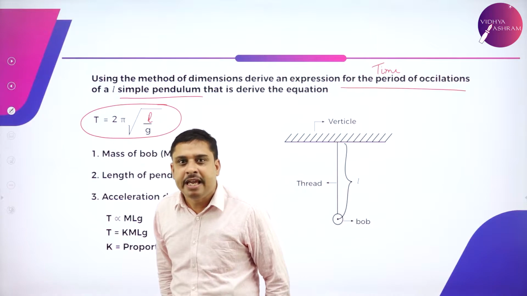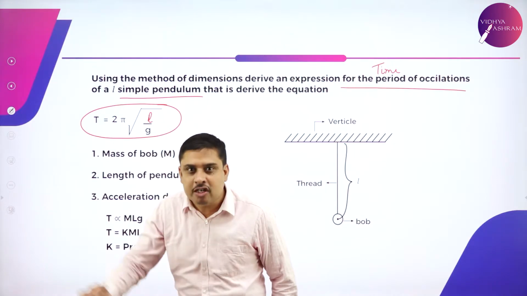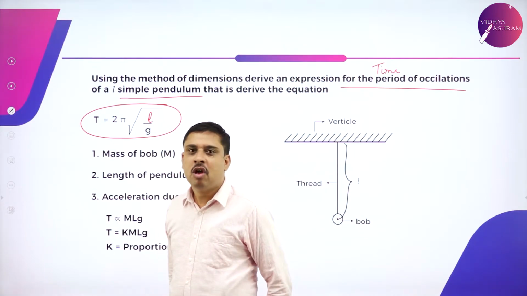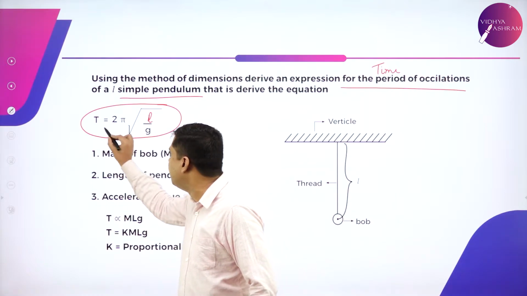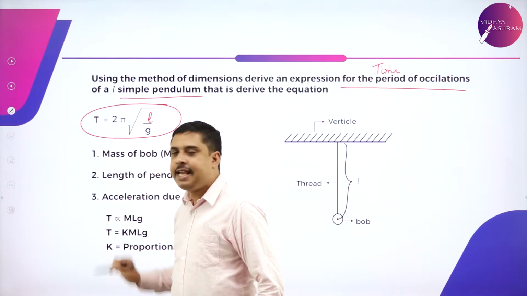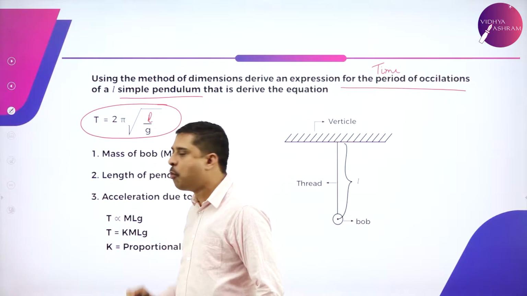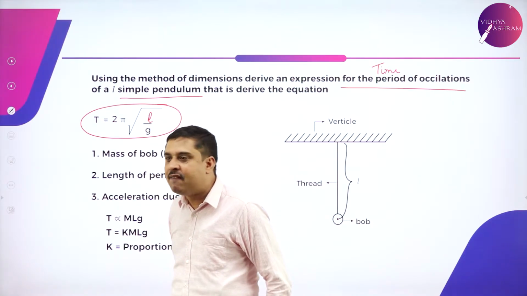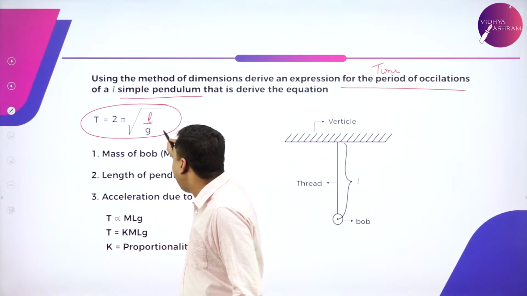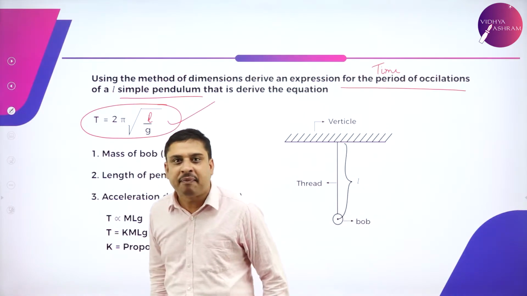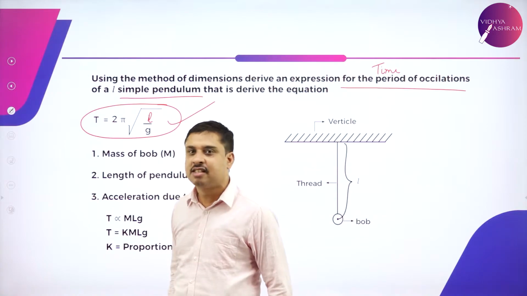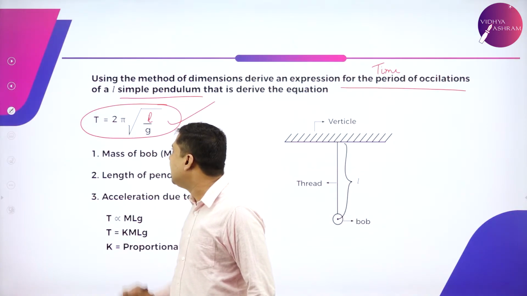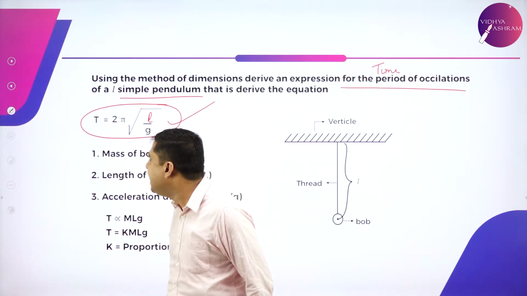The time period of oscillations of a simple pendulum is T equals 2 pi root of L divided by g, and using the method of dimensions, I will be deriving the given equation.